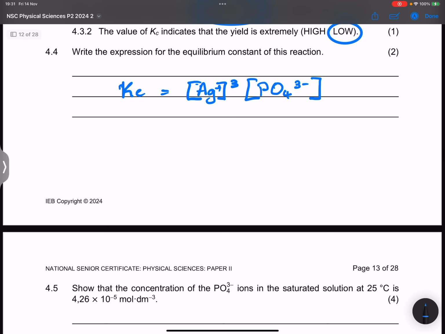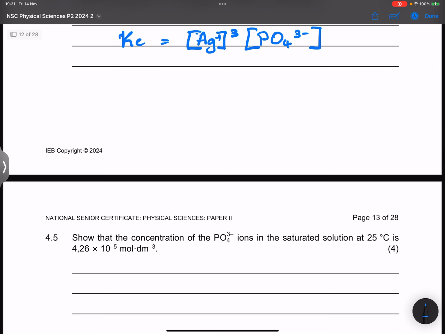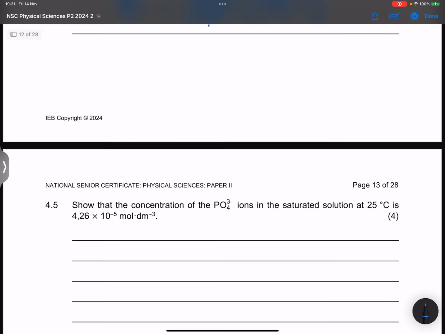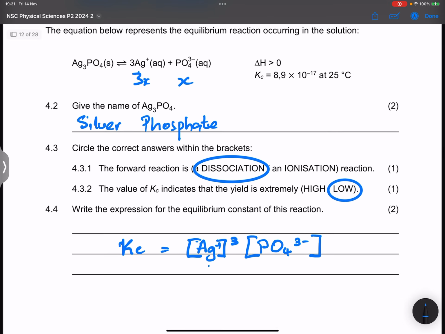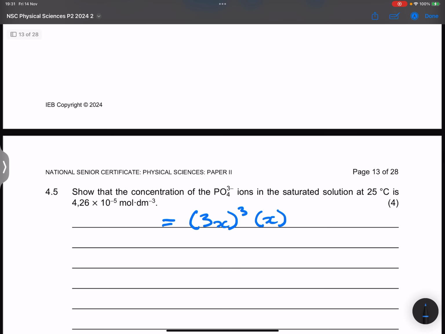So in our Kc expression we'll have 3X cubed multiplied by X, which will be equal to the Kc value, 8.9 times 10 to the power negative 17.